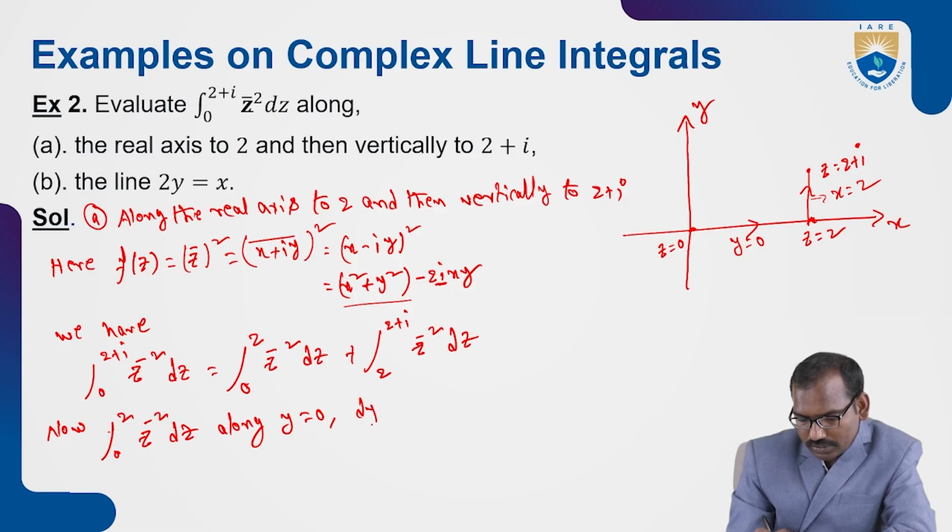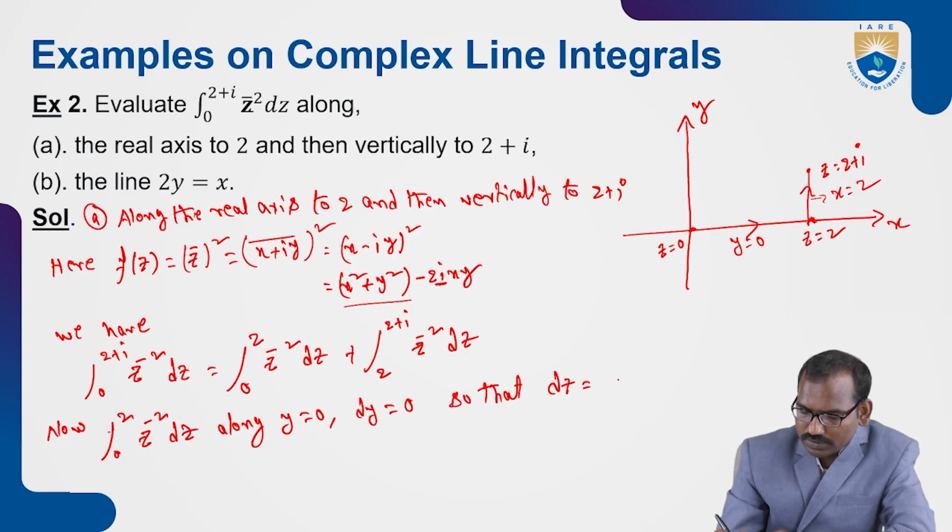So along y equal to 0, dy becomes 0, so that dz becomes dx plus i dy, which is dx only.